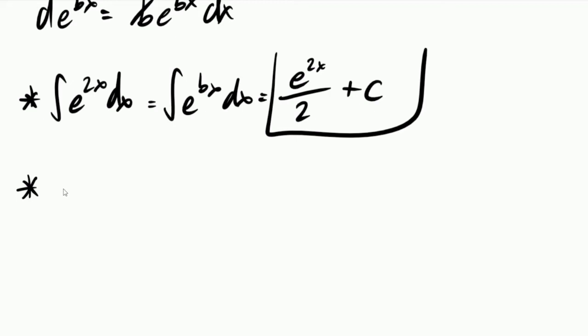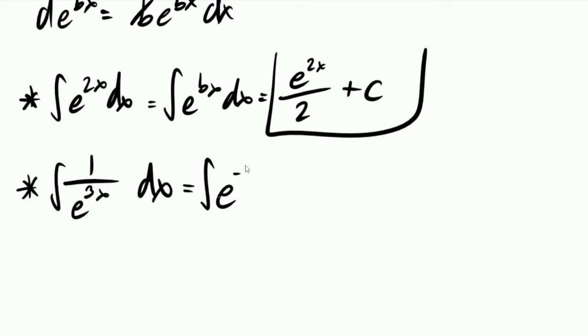Another example, we have the integral of 1 over e raised to 3x dx. Now to solve this, we will bring up e raised to 3x to its numerator, and then the exponent will become negative 3x dx.